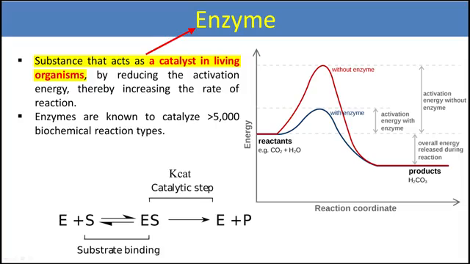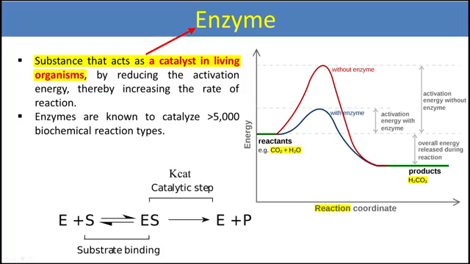Look at this graph, a simple biochemical reaction: carbon dioxide and water, and the product is bicarbonate. Free energy is high for the reactants and low for the products, and depending on the presence of enzyme, the rate of this reaction can be hugely changed.